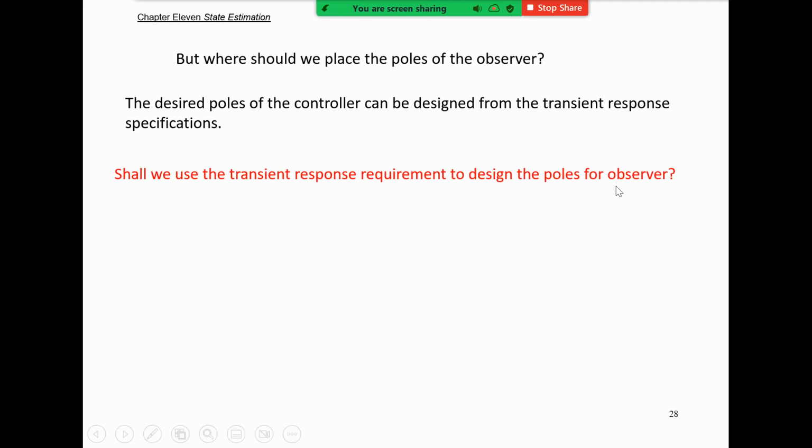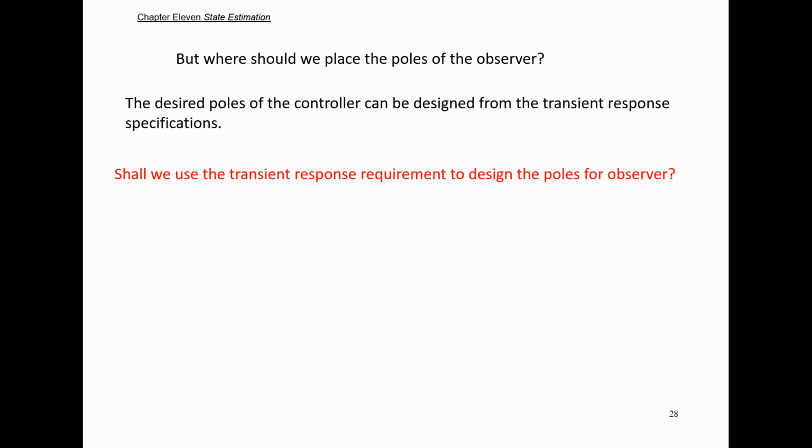But can we use the same performance requirements to design the poles for the observer? Then you have to think, what is the objective of the observer? We try to estimate the state variable, right? Do we expect the estimated state variables to satisfy the requirements on the damping ratio, or on the overshoot or the settling time?